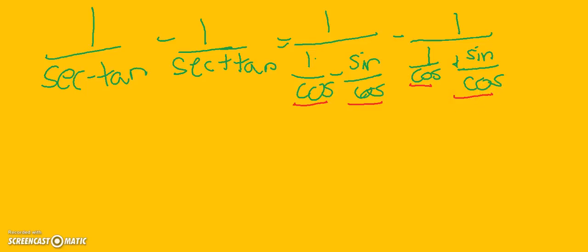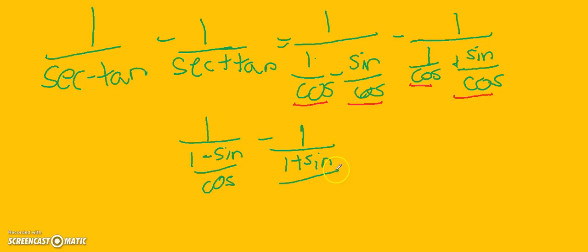So now what we can do is 1 over 1 minus sine over cosine, minus 1 over 1 plus sine over cosine. And like in our last example, we're going to keep, change, flip.